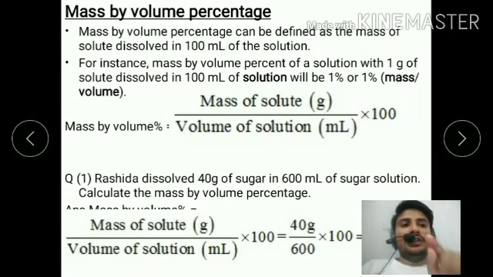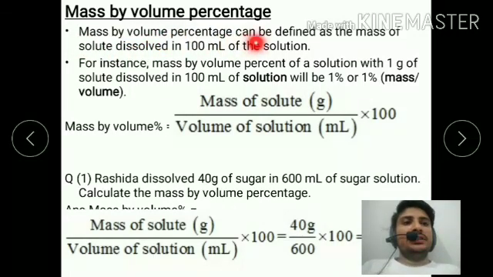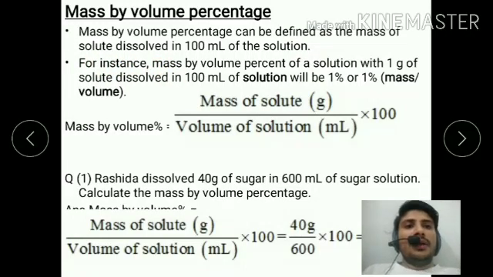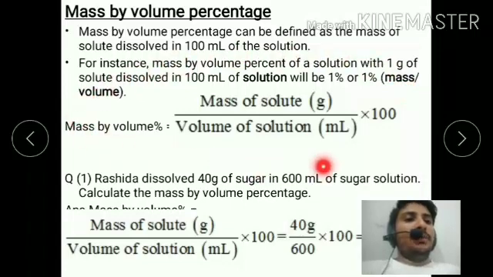Let us see the theory. Mass by volume percentage is defined as the mass of the solute dissolved in 100 ml of the solution. For instance, 1 gram of solute dissolved in 100 ml of solution. This is the formula of mass by volume percentage.